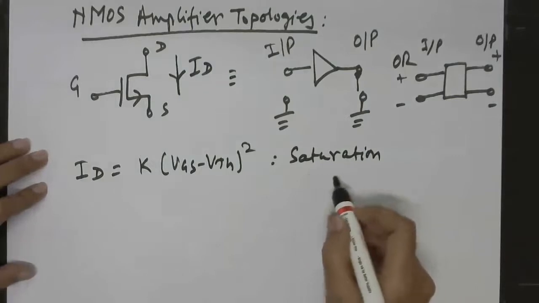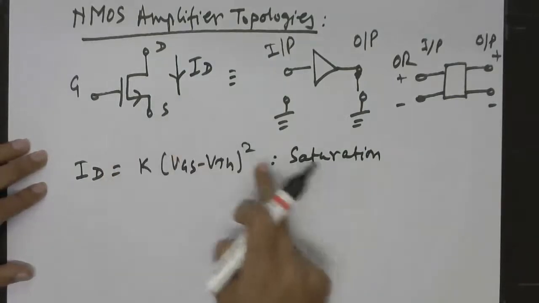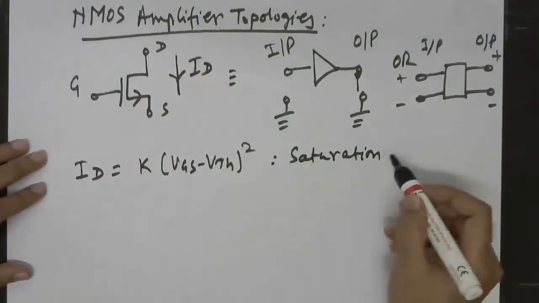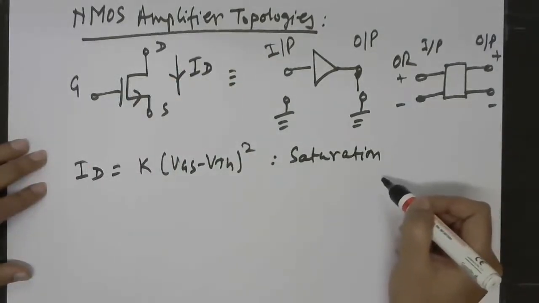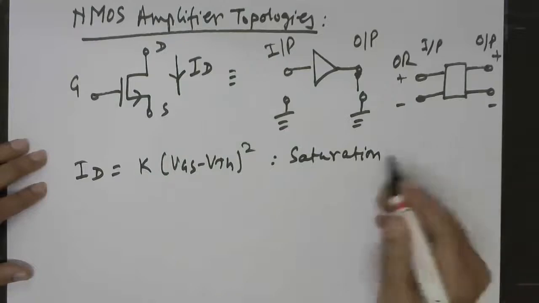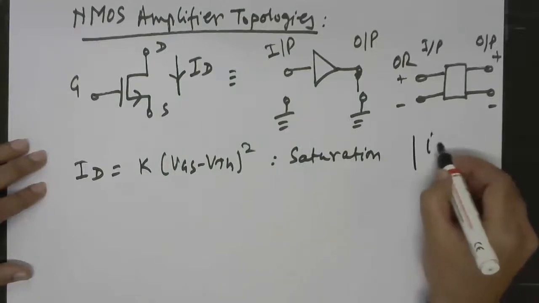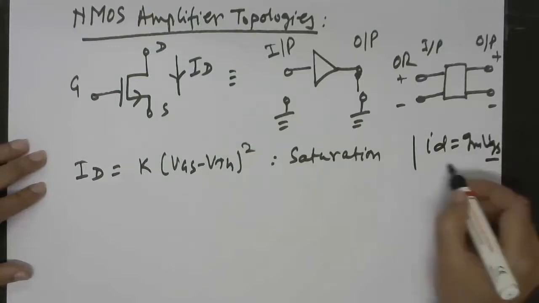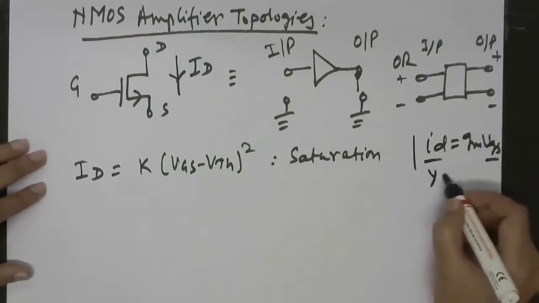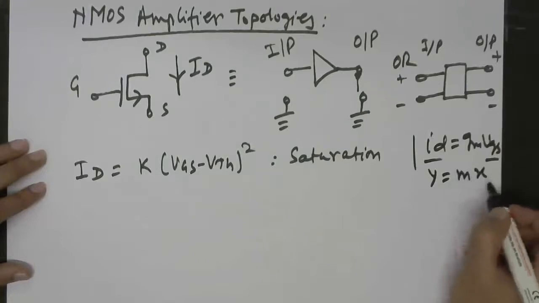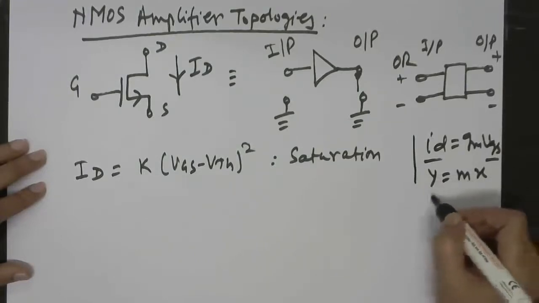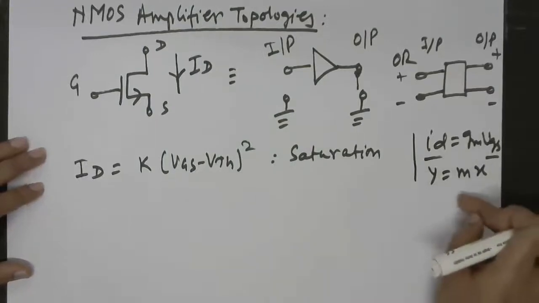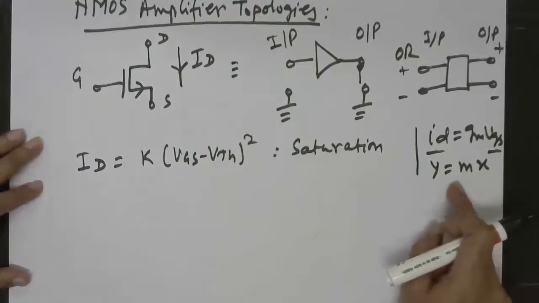And we will always be talking about the MOS in saturation when we want to use this as an amplifier, because only in that case we found that the time varying current that results is proportional to the time varying voltage that we apply here, right? So this equation is what is called linear. So we always look for linear performance or linear behavior from an amplifier. I will elaborate why this kind of relation is desirable.